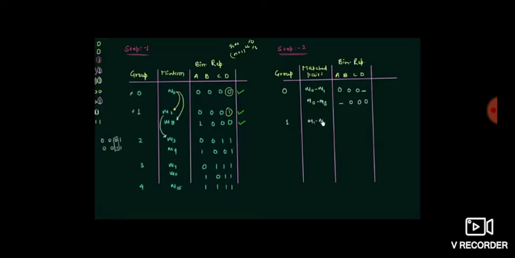Group 1: m1 m3 gives 00 underscore 1. In the same manner we compare m1 and m9: 0001 and 1001, only one position is different. So we note down m1 m9 as underscore 001.